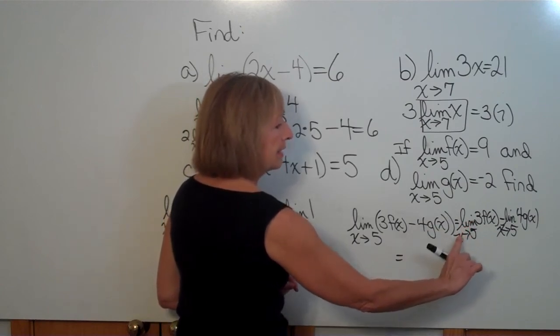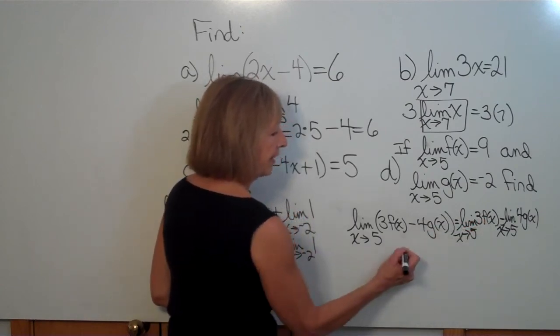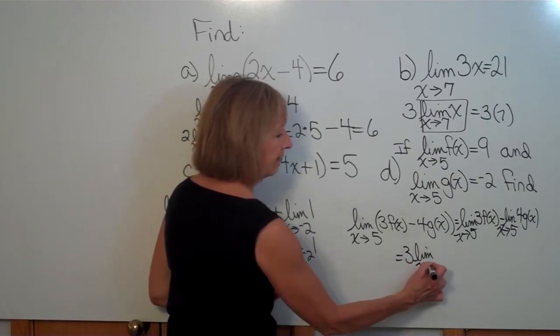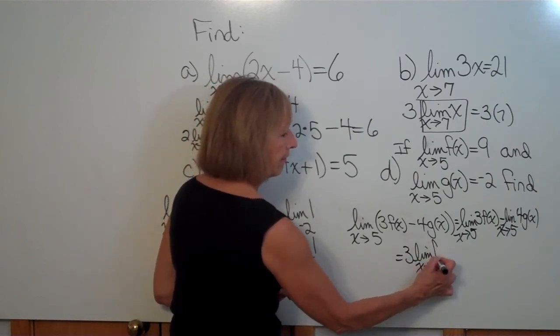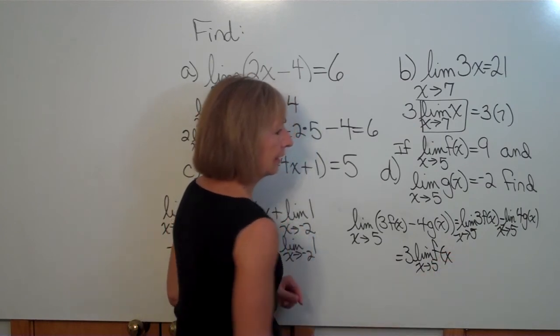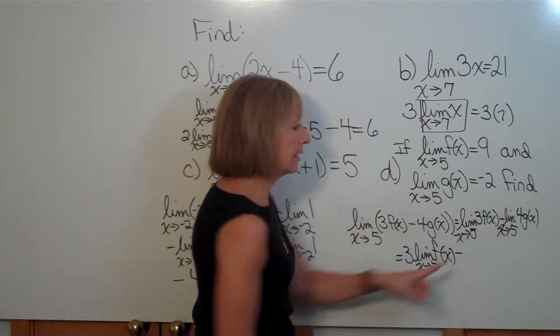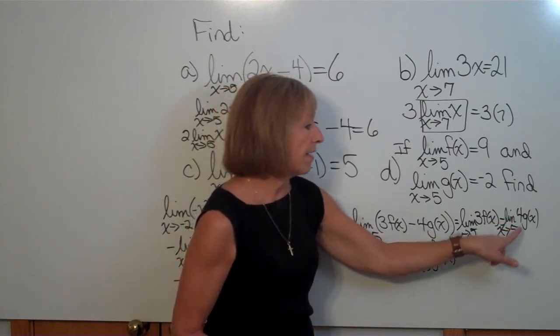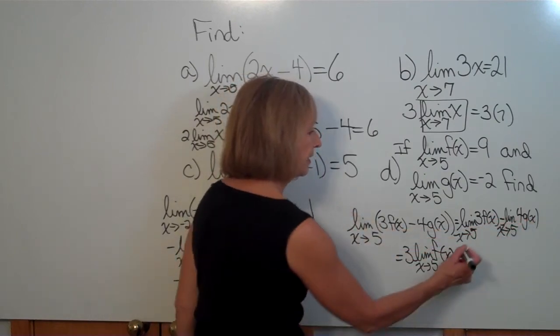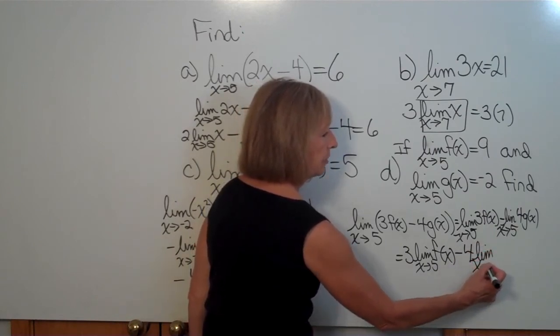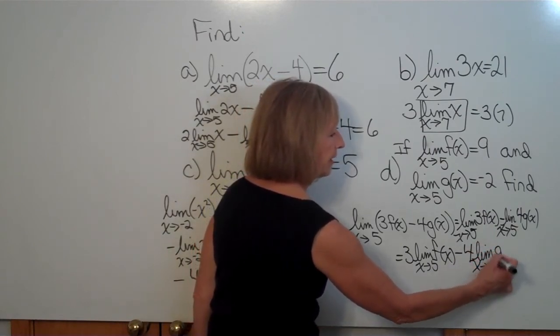So the limit as x approaches 5 of 3 times f of x is 3 times the limit as x approaches 5 of f of x. And I have a minus the limit as x approaches 5 of 4 times g of x is minus 4 times the limit as x approaches 5 of g of x.